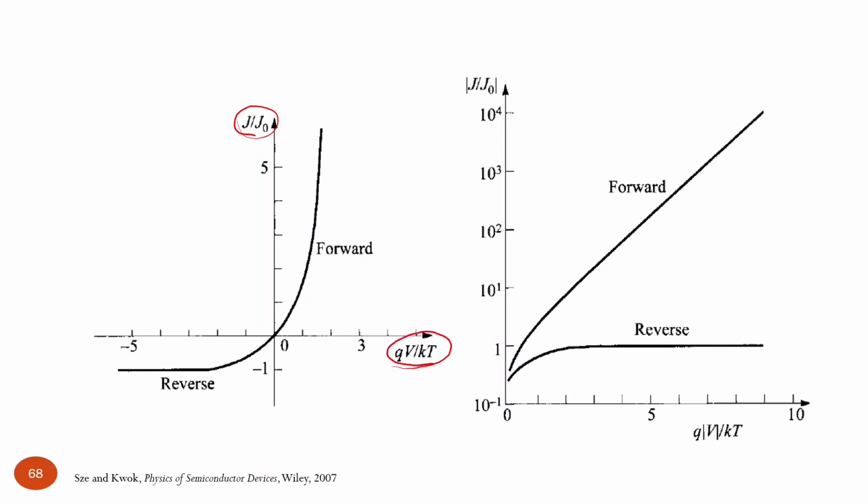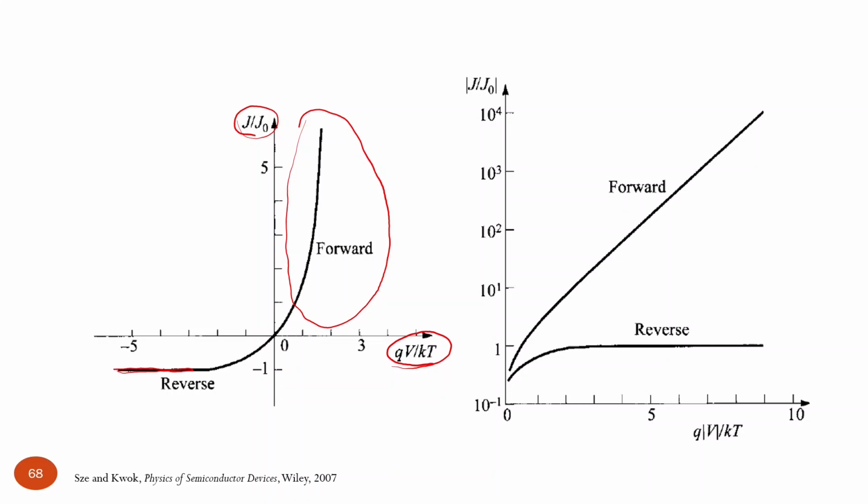Voltage is normalized by KT, so it's like Q times voltage divided by KT. But it clearly shows the difference between the forward and reverse branches of the current-voltage characteristic. Here we have an exponential increase, and here it goes to saturation.